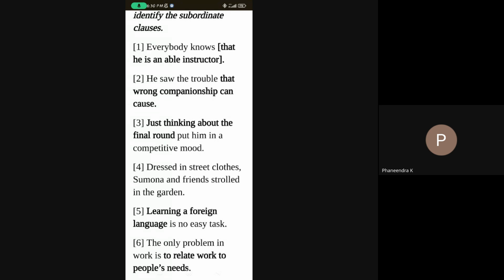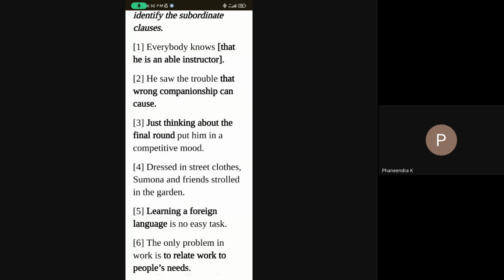And if it is an adverbial clause, then it has to give you information about the verb: how it has happened, when it has happened, where it has happened, or if it gives you a condition, reason, or purpose, then it's adverbial. We don't have either of these here.